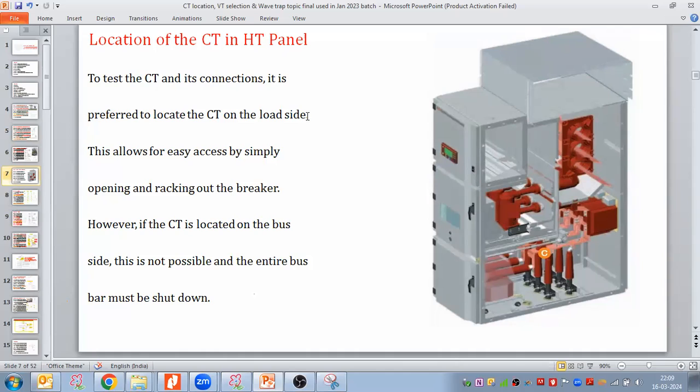That also we can say, on the load side. This allows easy access by simply opening the breaker chamber and racking out or drawing out the breaker. So once you draw out the breaker, what happens? Your CT is isolated from the bus bar.